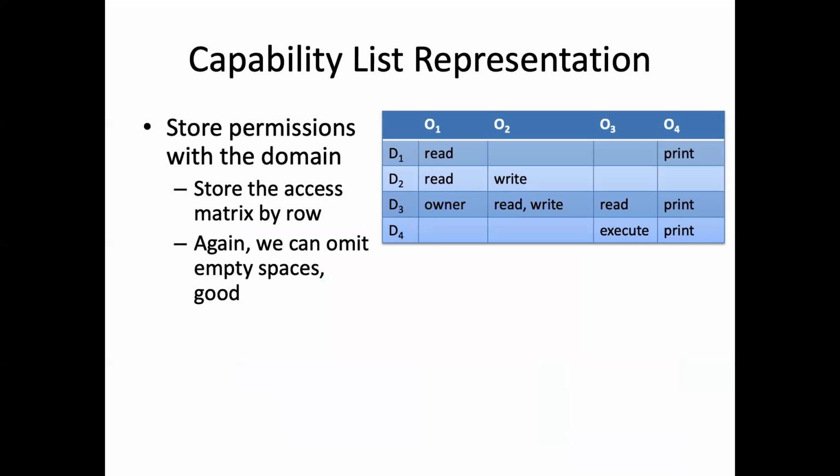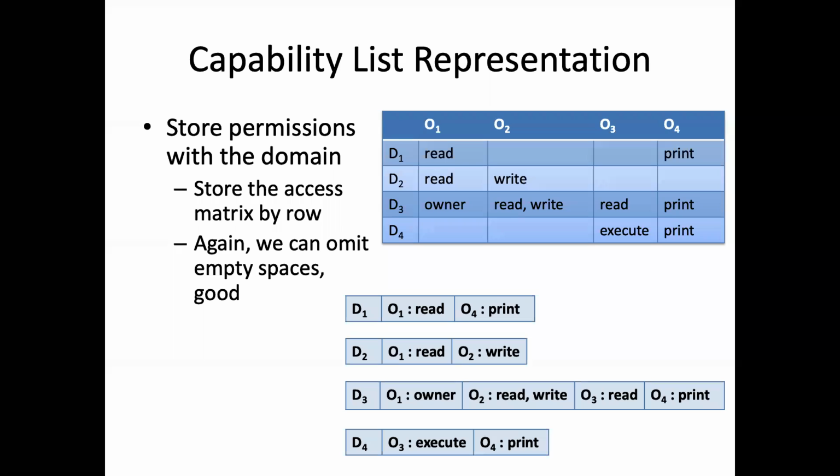Another way you could go is representing the same table a row at a time, and that's what a capability list does. It represents for each domain what you can do if you're running in that domain. So it's like storing the table a row at a time, but leaving out the empty cells of the table. For the table at the top of this slide, D1 can read object O1, and if object O4 was a printer, maybe it can print to that.